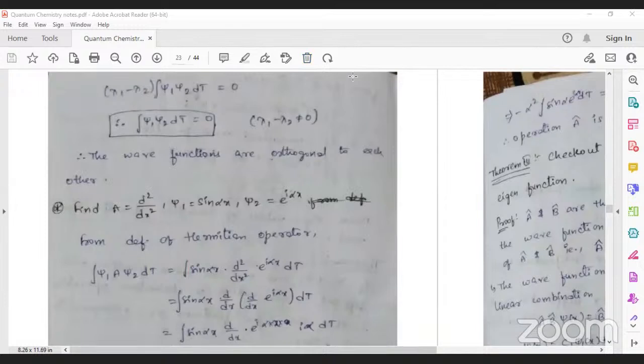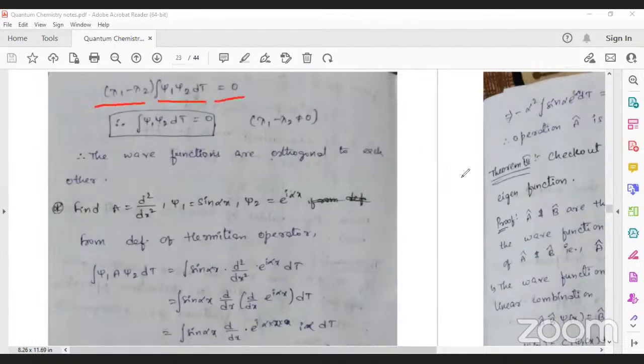The previous equation was lambda 1 into the integral of psi 1 psi 2 d tau equals lambda 2 into the integral of psi 1 psi 2 d tau. Now taking everything to the left hand side and equating to 0, we get lambda 1 minus lambda 2 times the integral of psi 1 psi 2 d tau is equal to 0.